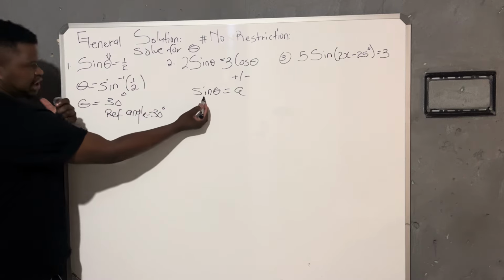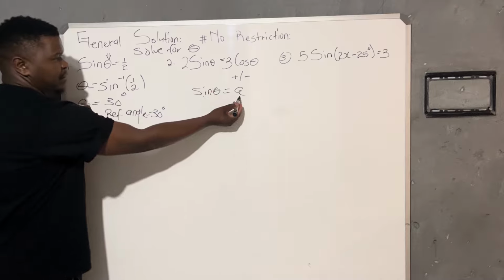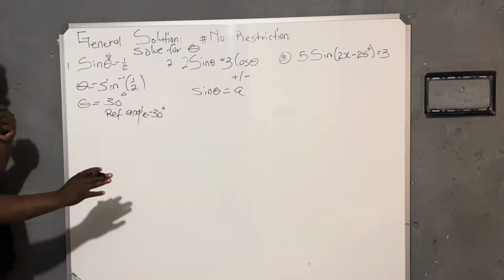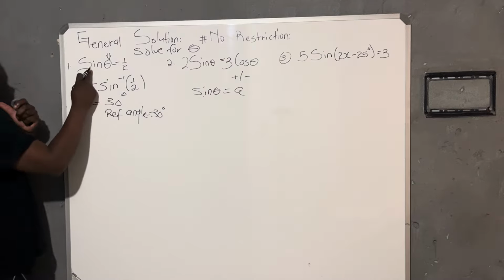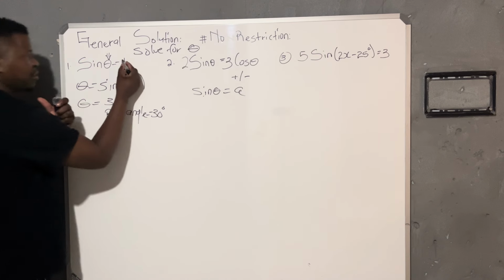The moment you shift this ratio to whatever value you have, the answer you're getting is a reference angle. I think I've said that many times. Now I'm checking, because the ratio that I'm talking about is sine, and the value of a is positive.